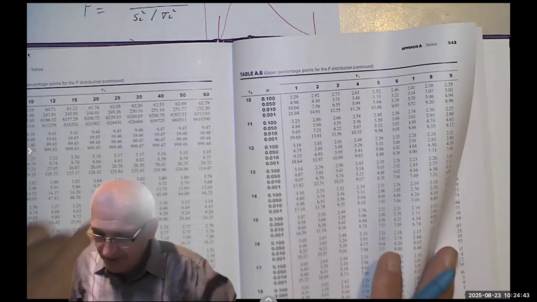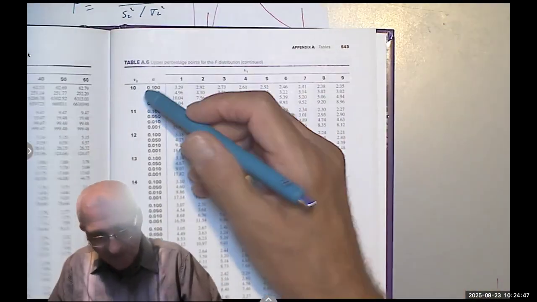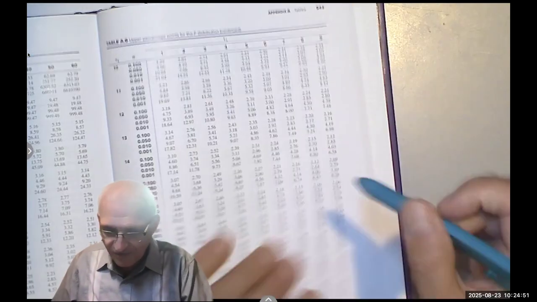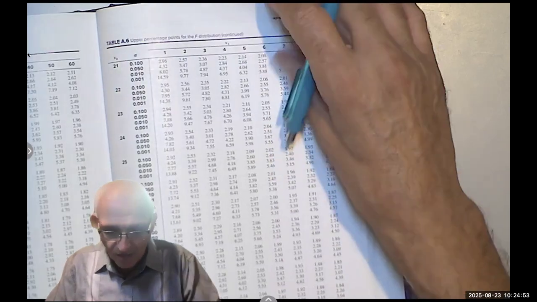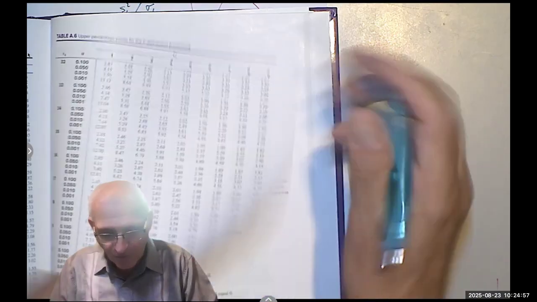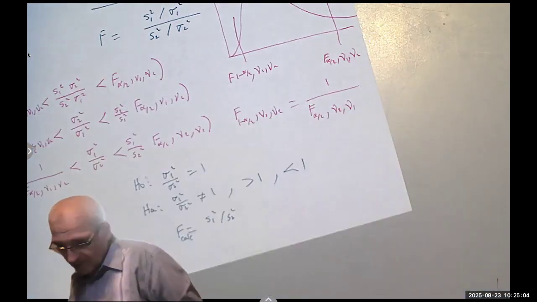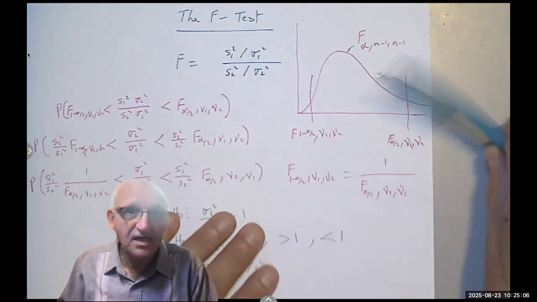Of course, they jump, and then they increase. So this was for nu 2 from 1 to 9, and then they repeat the whole thing for 10, and then from 21 to 31, and then from 32 to 120, a lot of curves. We don't need those at all now, of course, if you are using a calculator or a computer.